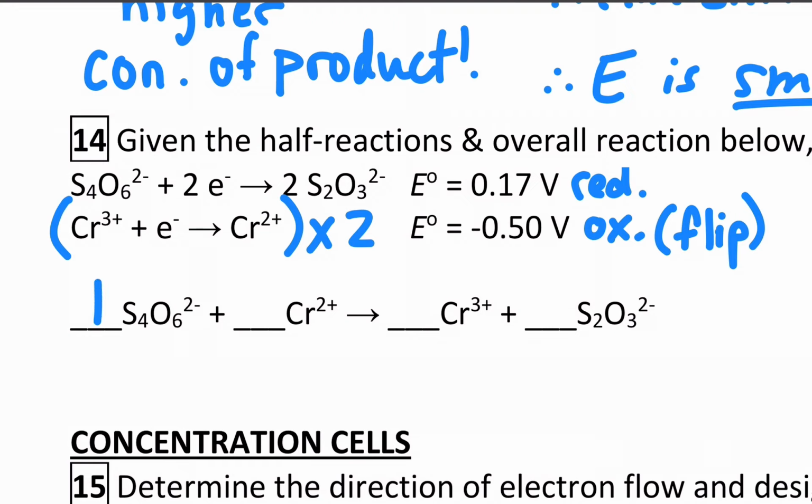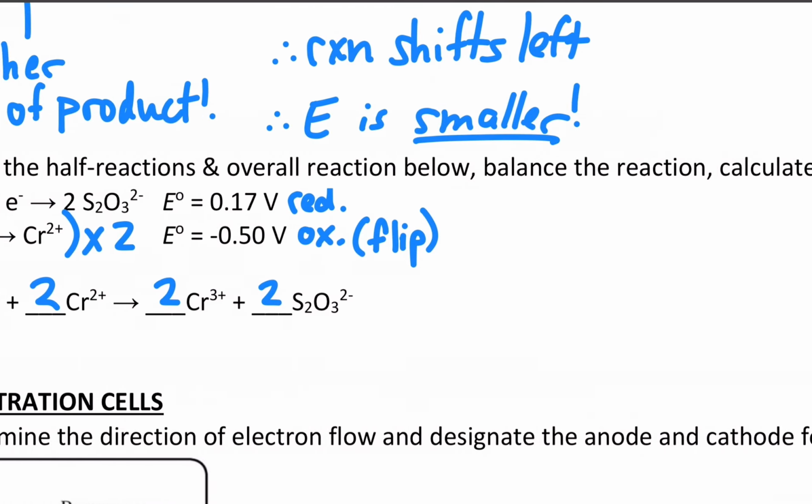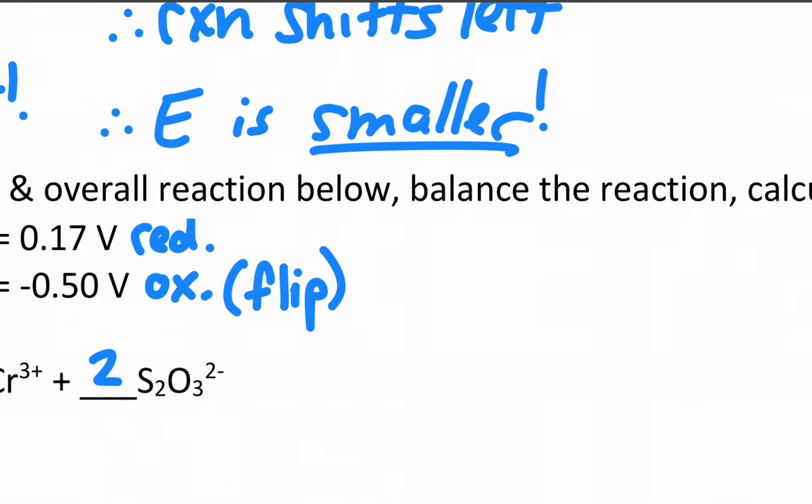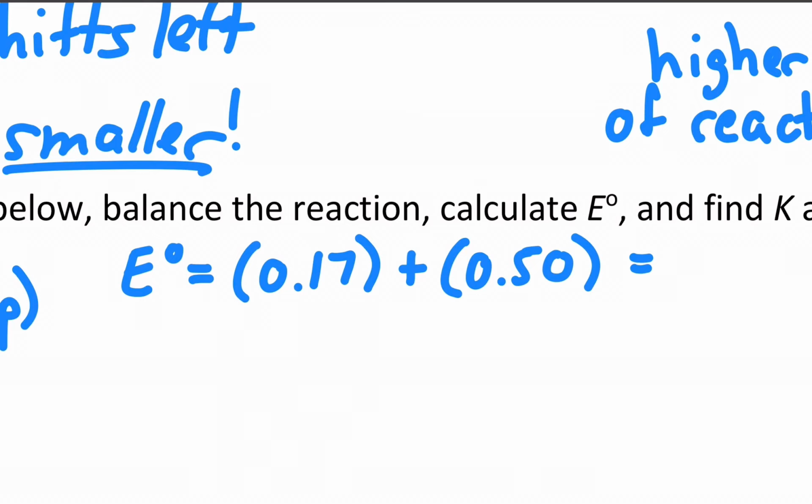So I get 1 S4O6 negative, 2 chromium 2s, 2 chromium 3s, and then 2 thiosulfates, S2O3 negatives. To get the E standard, you simply add the two potentials, 0.17 for the reduction, plus positive 0.50 for the oxidation. So we get 0.67 volts.